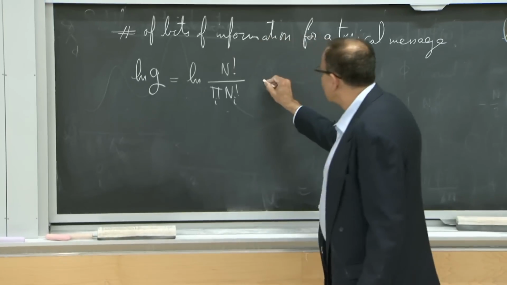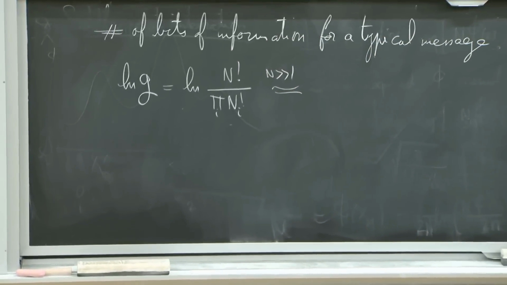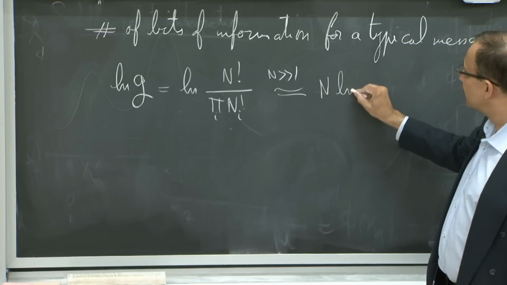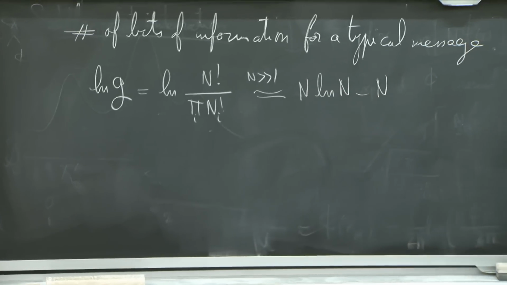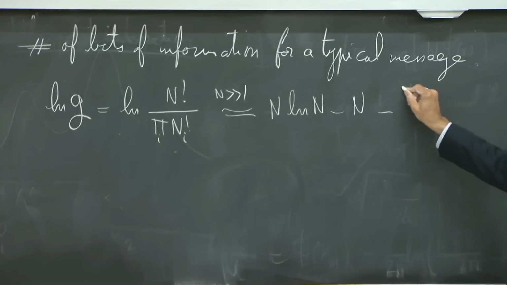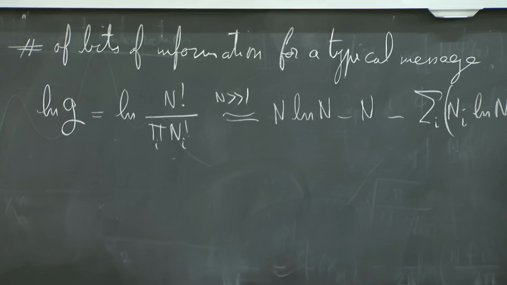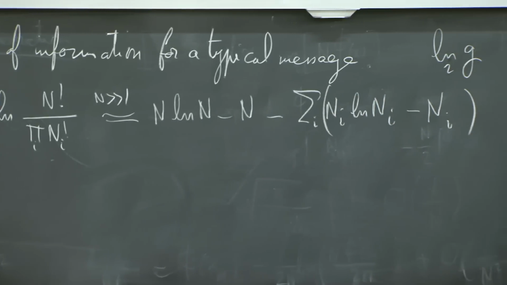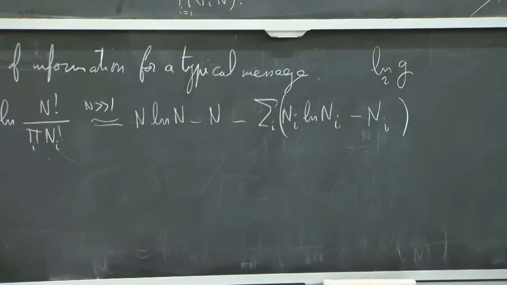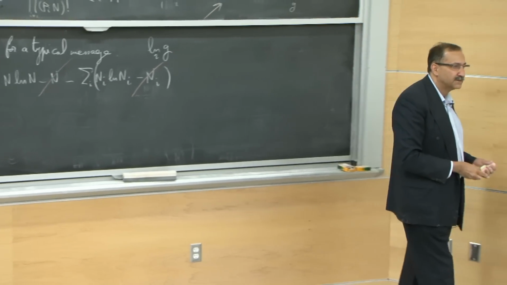And in the limit of large n, I can use Stirling's formula that we had over there. So what I have is n log n minus n in the numerator, minus the sum over i of n_i log n_i minus n_i. Of course, the sum over n_i cancels this n, so I don't need to worry about that.